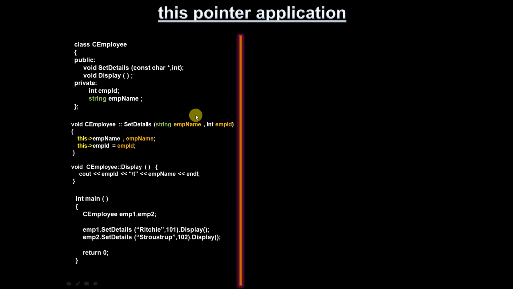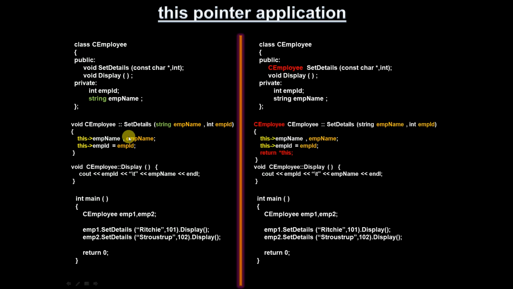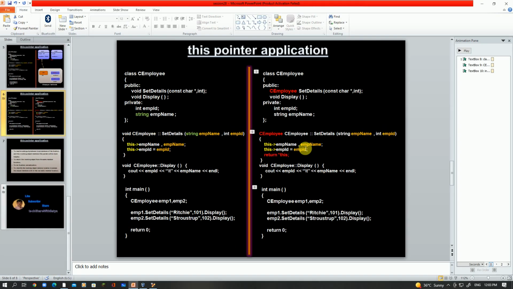Okay, so if both are having different names, say for example instead of emp name it is simply having name, then you can use emp name equals to, sorry, this is not, one second, this is equals to.